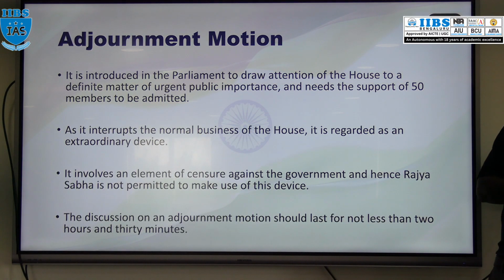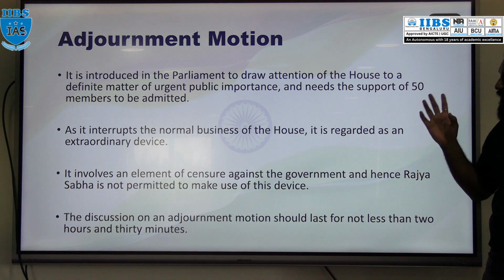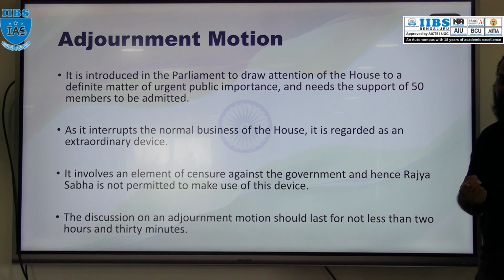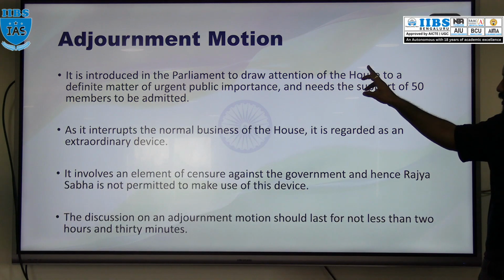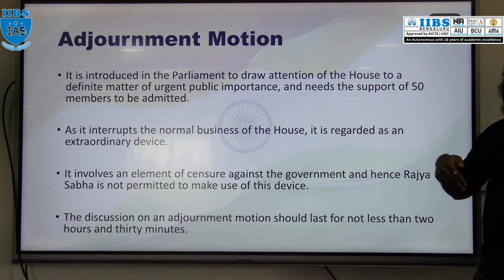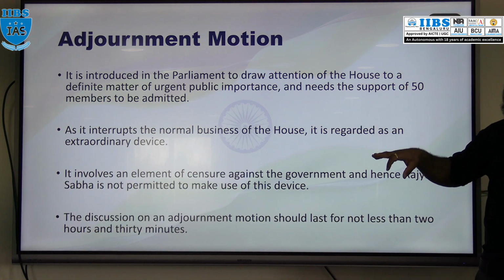The next, adjournment motion. Please remember, adjournment is different, adjournment motion is different, right? What is that adjournment motion? Calling attention motion is to draw the attention of the minister. Adjournment motion is to draw the attention of the house. Why?